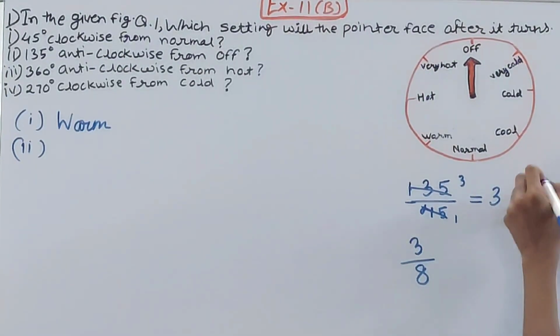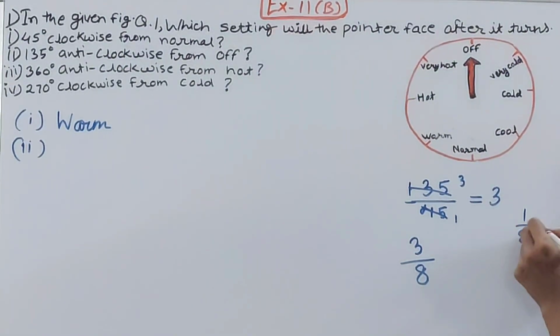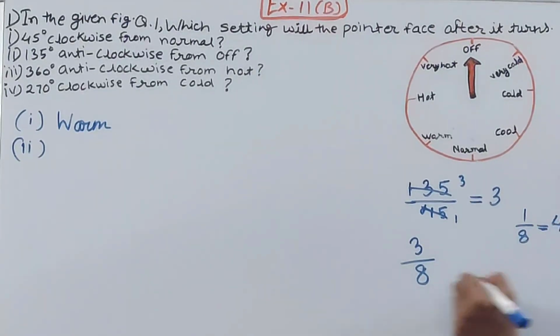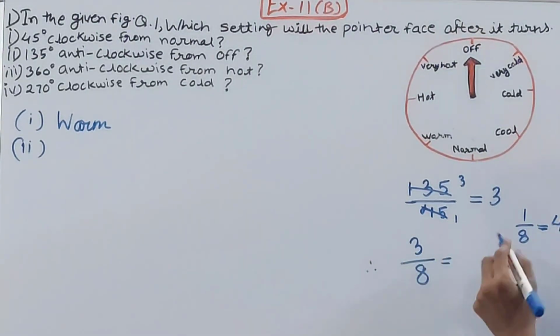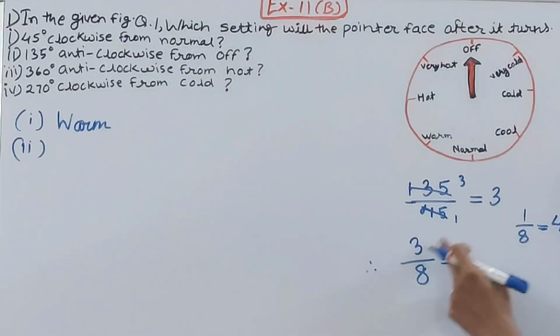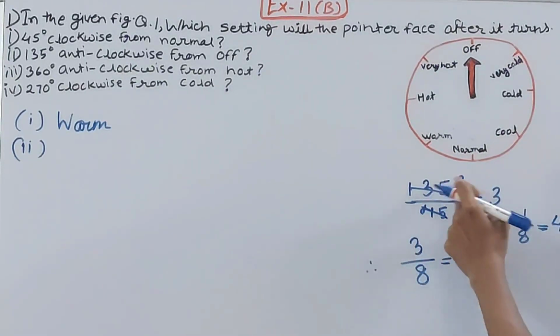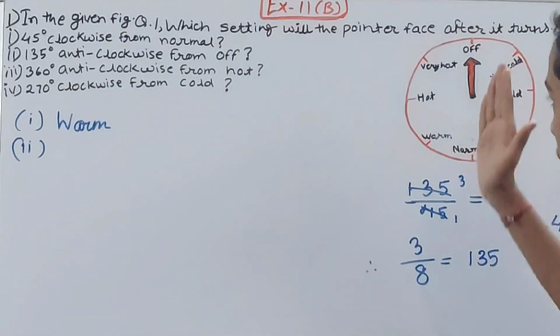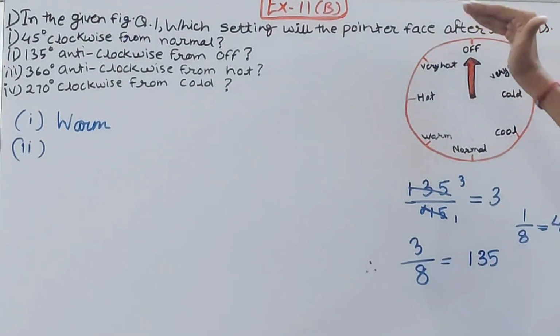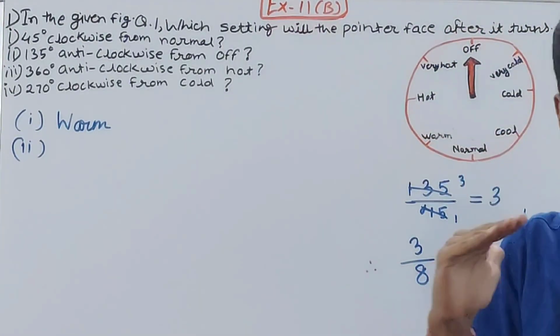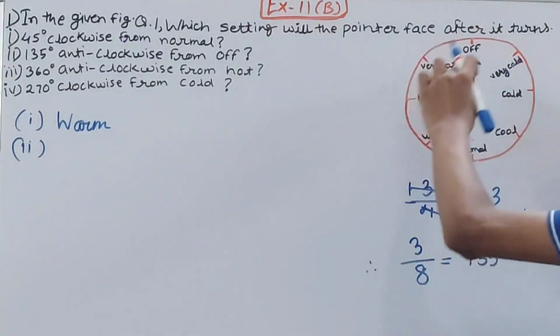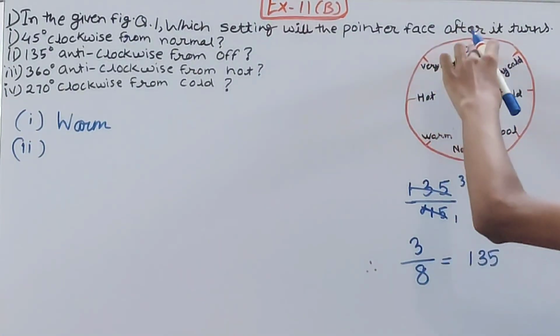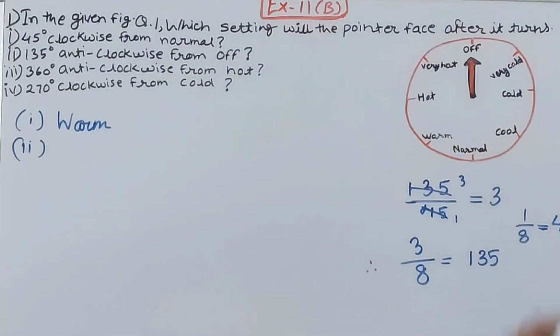Because 1/8 is 45 degrees, therefore 3/8 is 45 multiplied by 3, which is 135. So if you go 3 settings in the anti-clockwise direction, you will land on your answer. Or you can just say 3 parts. If you skip 3 parts and come to the next point, you will get your answer.